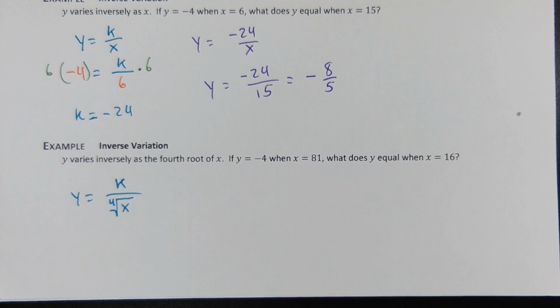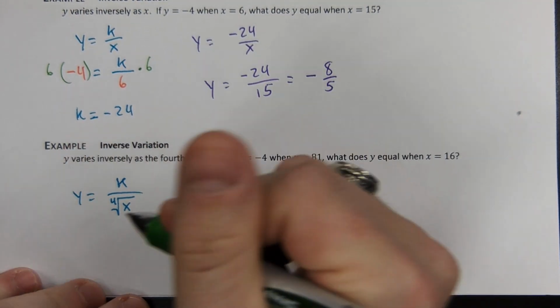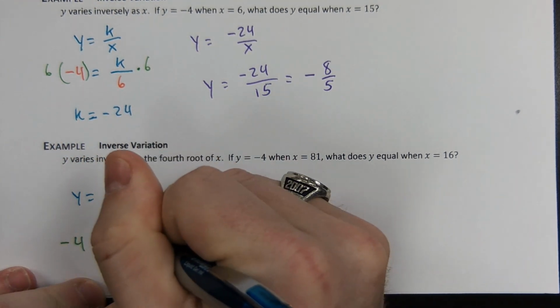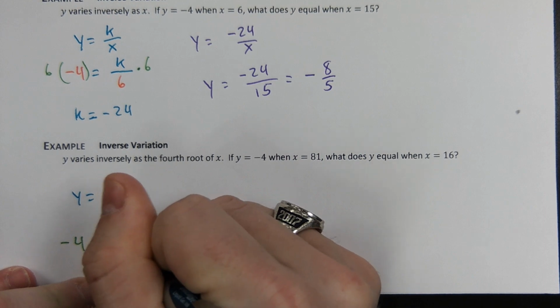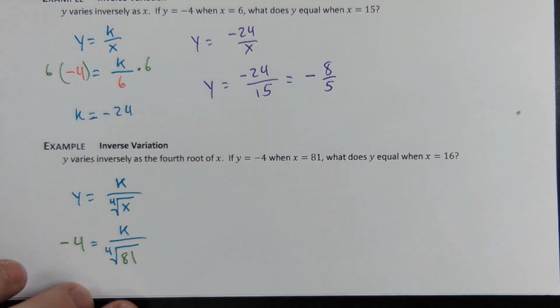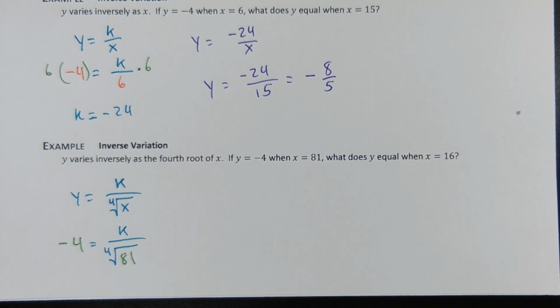Okay, we're going to drop in y equals -4 and x equals 81. It would be helpful if you knew what the fourth root of 81 is. It is 3. The fourth root of 81 is 3.